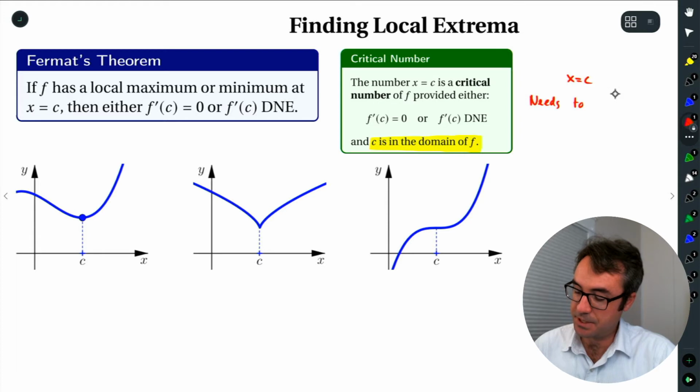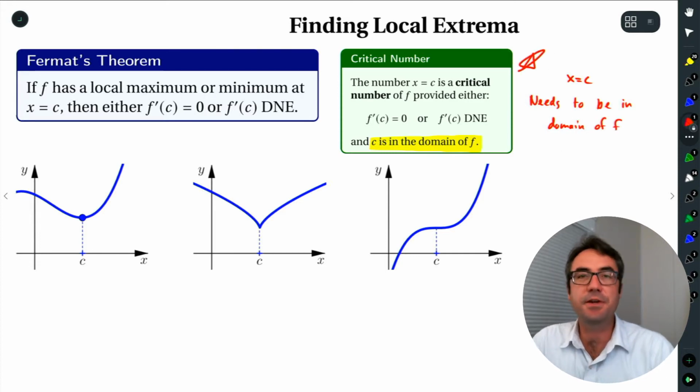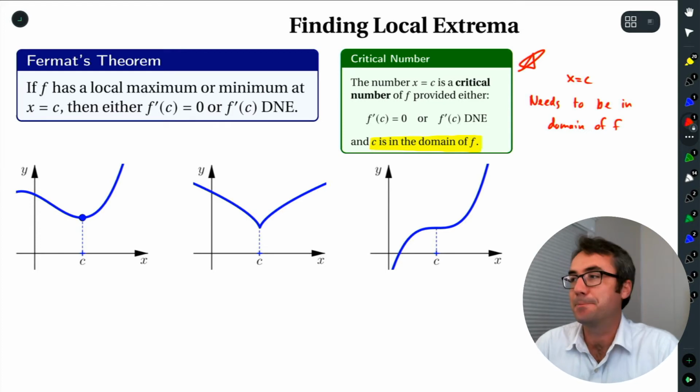If x equals c is going to be a critical number, not only does it have to meet one of these two requirements, but there's also this additional requirement that we want to keep in mind.